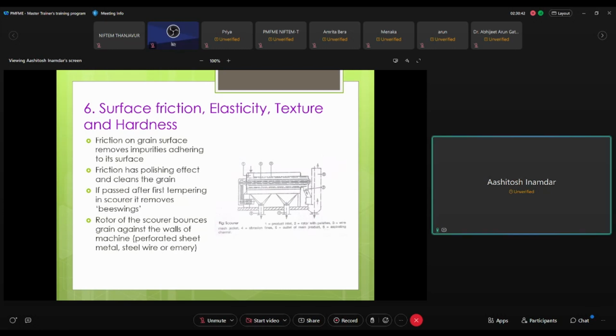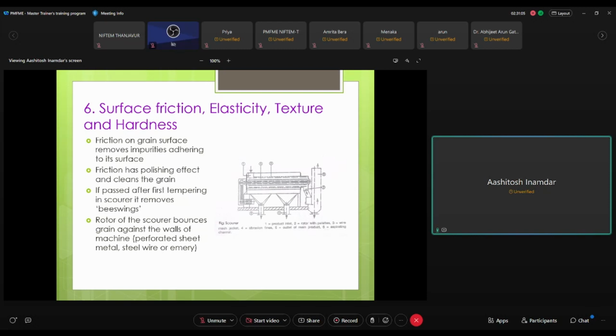Of course, the rotor and the screen we are using will vary based upon your requirement. If you want to remove more of the outermost layer, we can go with the emery, like it is done in rice plants. If you want to do a mild, little bit higher removal, we can go with the steel wire mesh. Normally, otherwise, the perforated metal sheet is used.